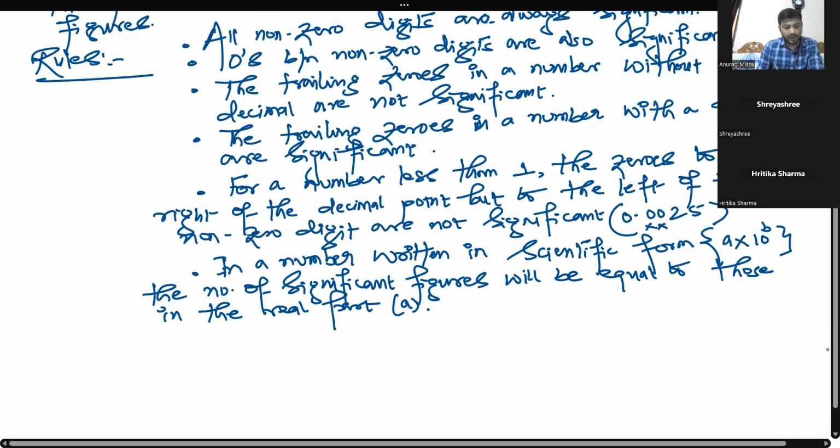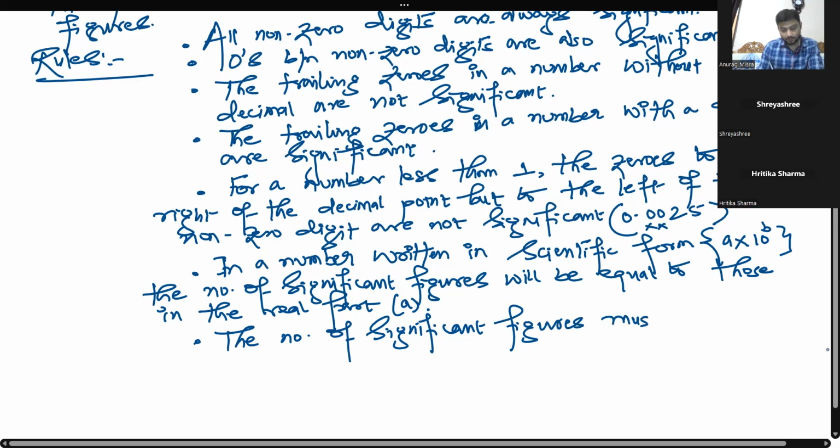And last but not the least, the number of significant figures must not change on conversion of units. If you converted from one unit to another, during that our number of significant figures must not change.